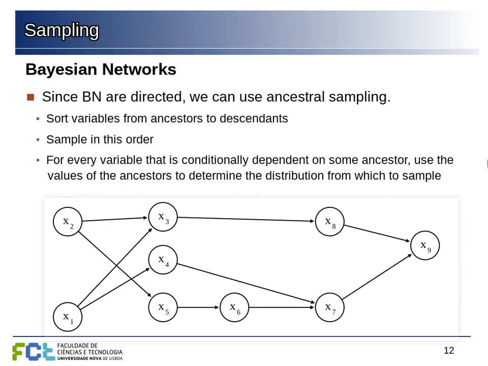In the case of Bayesian networks, since these are directed graphs that show conditional dependencies, we can simply start with the probability distributions of these variables, sample from those, and then go through the graph, because once we know the value of x2 and x1, we now know what the probability distribution is for x3.